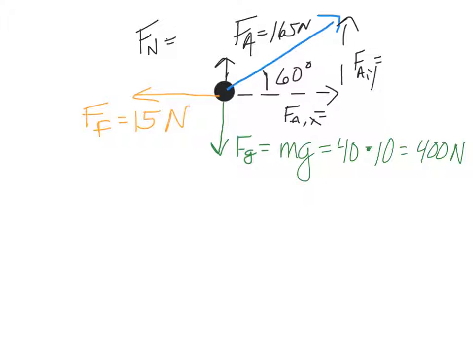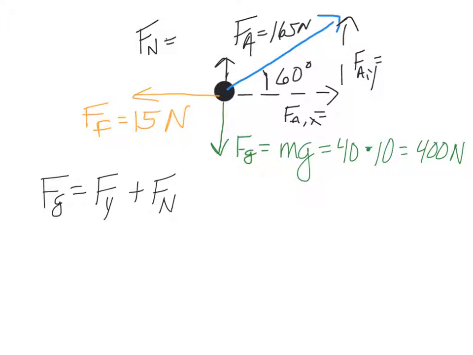The force of gravity has to equal the Y component plus the normal force. I don't know these two values, so I can't really do anything with the force of gravity. It's not equal to anything by itself.